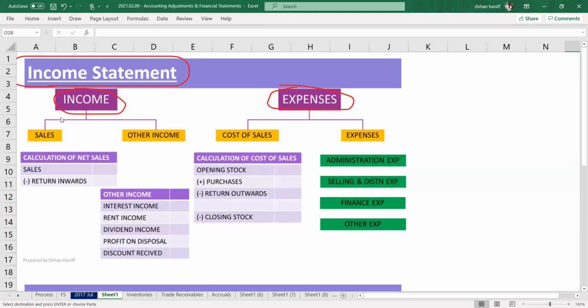Then we divide the income. In a business, the main income is sales. And the main expense of a business, here we mainly focus on trading businesses, businesses which do buying and selling, is cost of sales.